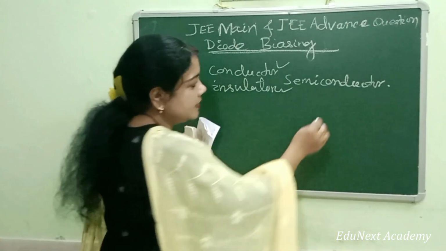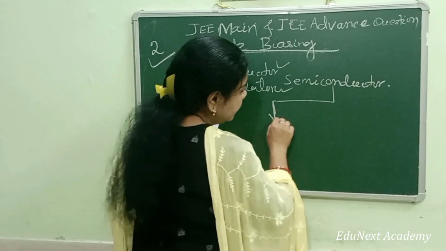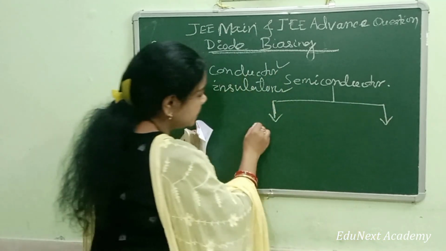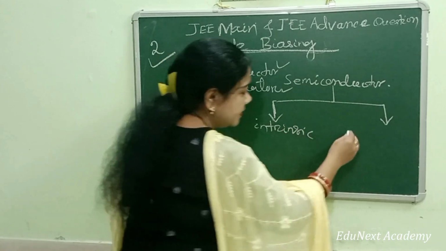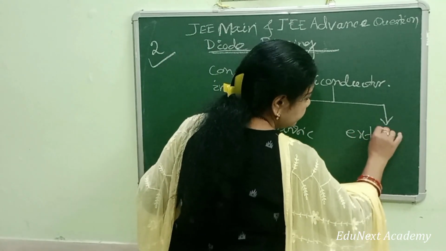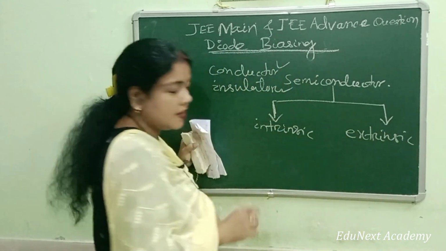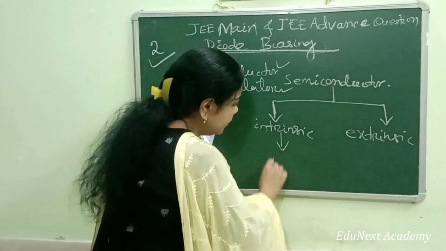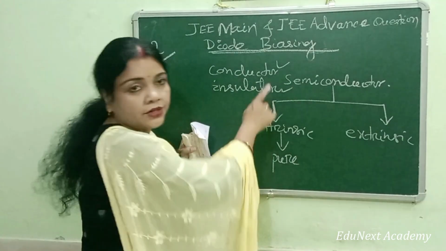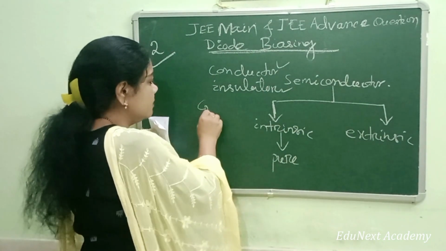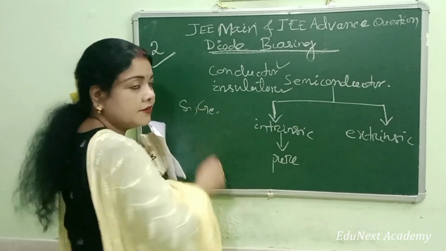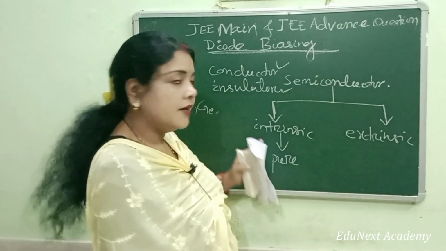Now semiconductors are again divided into two types, that is intrinsic and extrinsic. Basically, these are pure forms of semiconductor. Semiconductors include silicon and germanium.